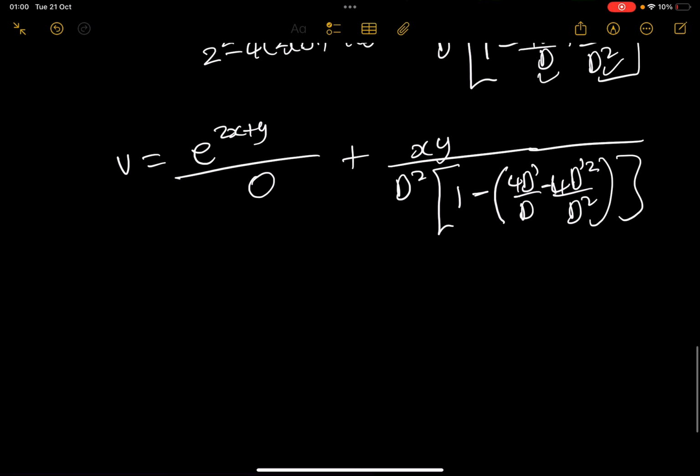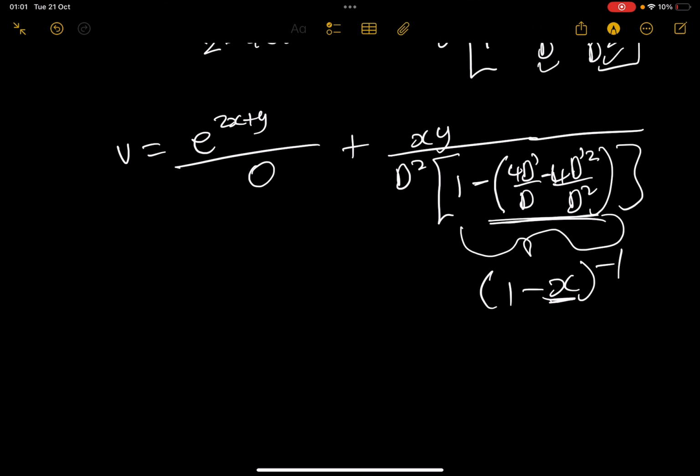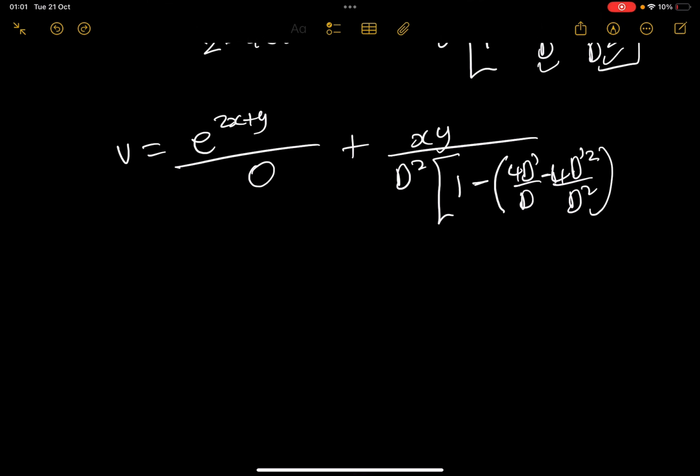So this is how you rewrite this in that format. Why are we writing this in this format? Because we want to have something like this, remember. Our x is sort of like this variable here.